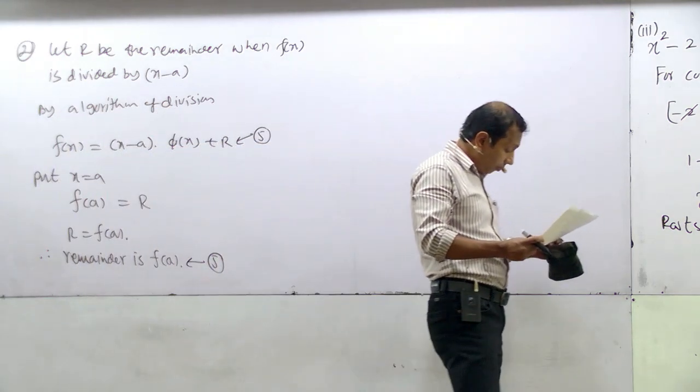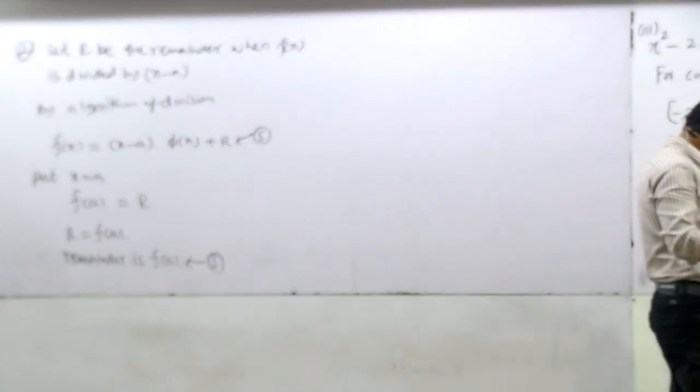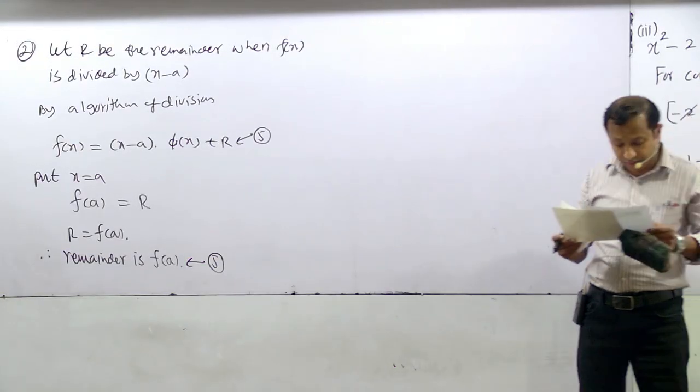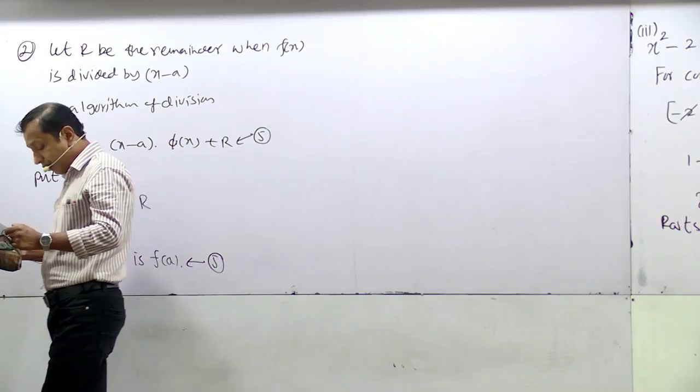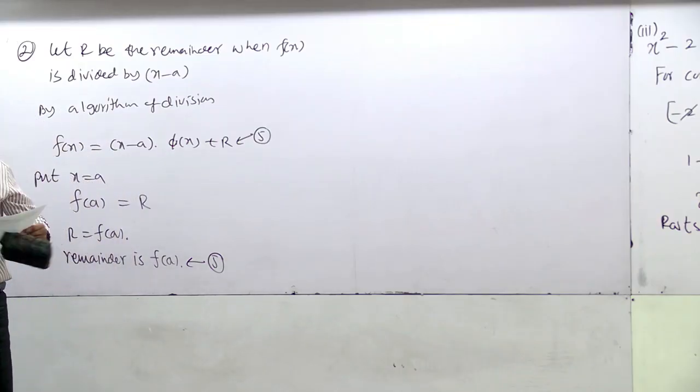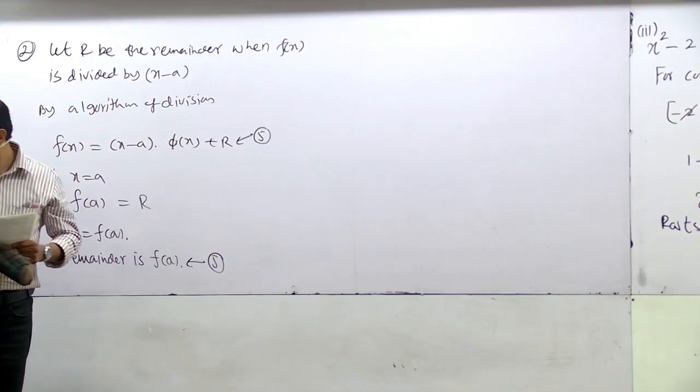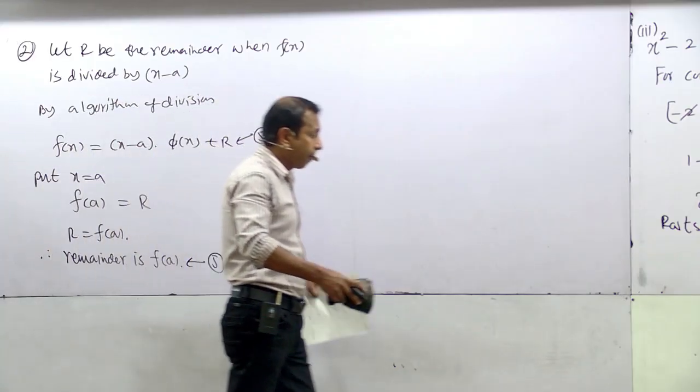Okay, next one. Show that the function f(x) has no factor in the form x minus k, where k is a real constant.